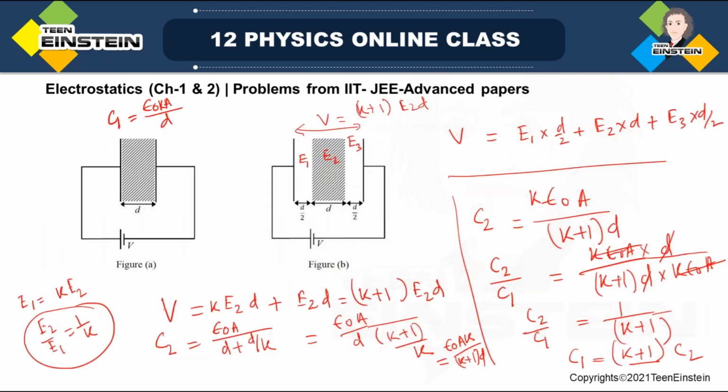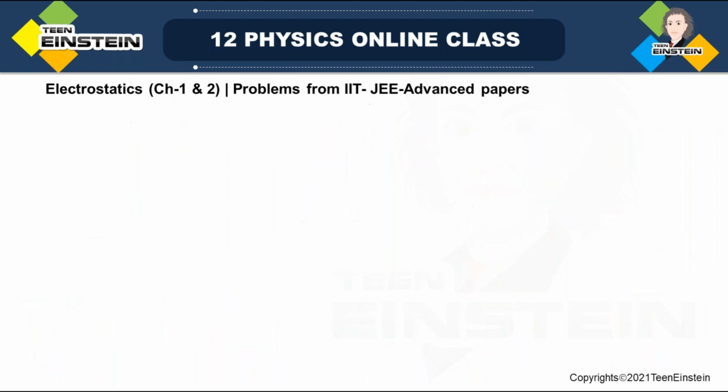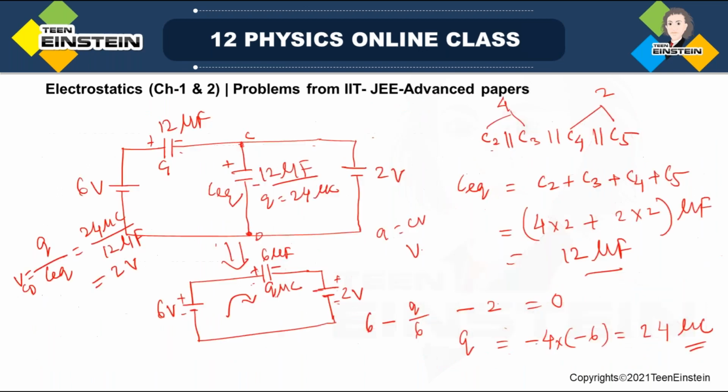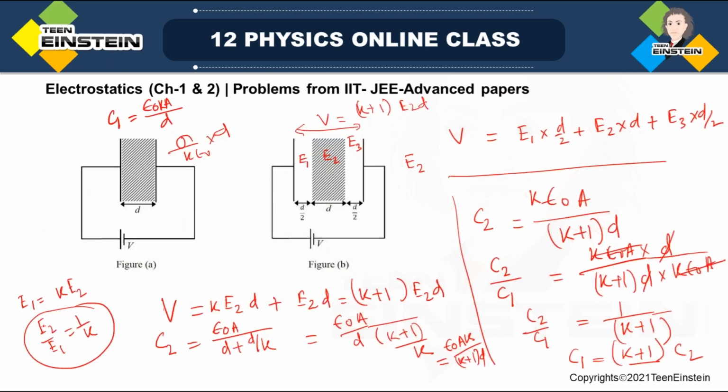The voltage between the capacitor plates is increased. So voltage we had calculated, in this case, sigma by K epsilon 0 times d, that is electric field into d. In this case the electric field was E2.